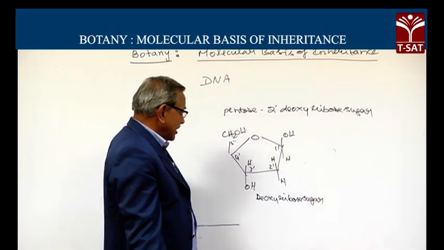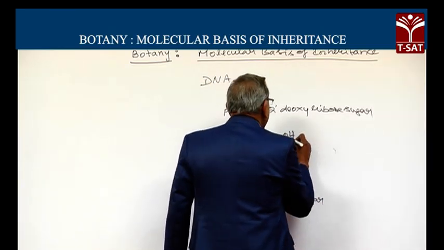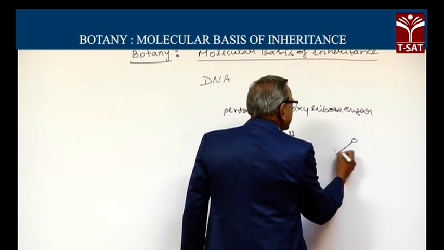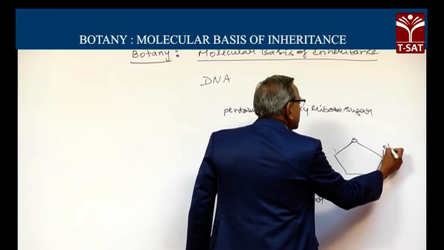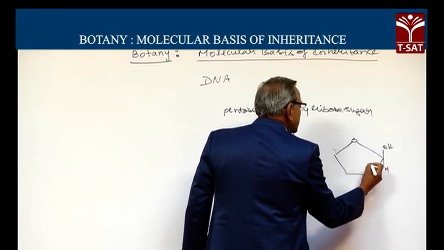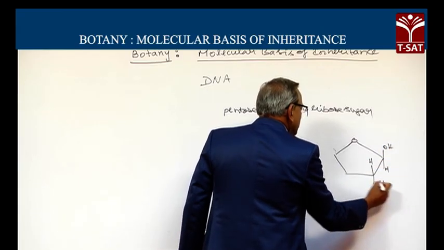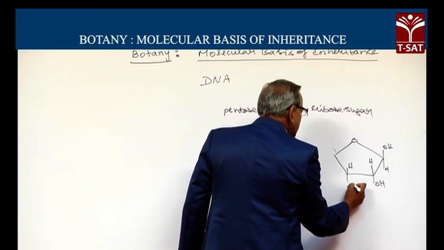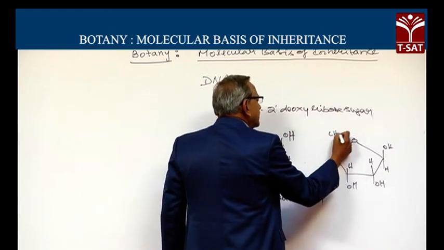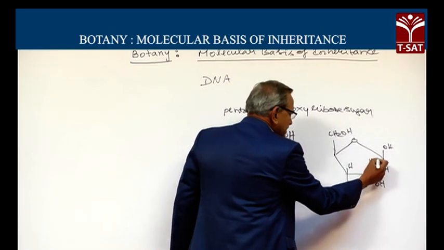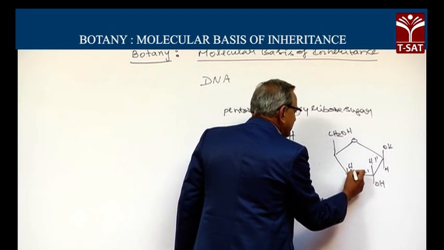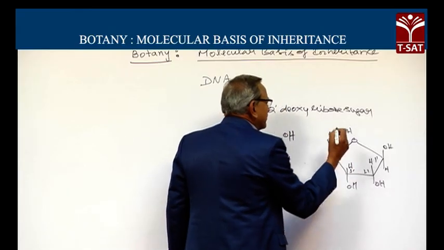Whereas in ribose sugar, this is 1 prime, 2 prime, 3 prime, 4 prime, 5 prime.